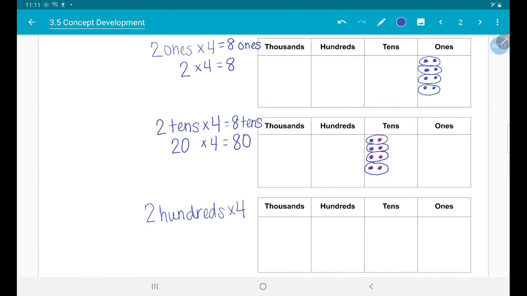This time I've got 2 hundreds, so I'm going to put those in the hundreds place value, and I'm making 4 groups once again. One group of 2, 2 groups of 2, 3 groups of 2, 4 groups of 2. So 2 hundreds times 4 equals, of course, 8 hundreds.